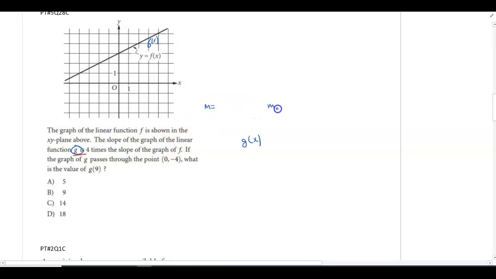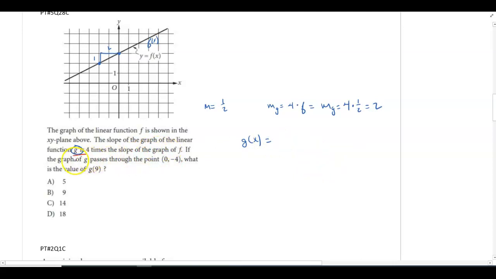The slope of g is 4 times that. So right away, I'm going to go up here and calculate what the slope of this is. So I'll pick a nice point here, up 1 over 2. So the slope of this line is 1/2. So the slope of my new line g would be 4 times 1/2, which is 2.